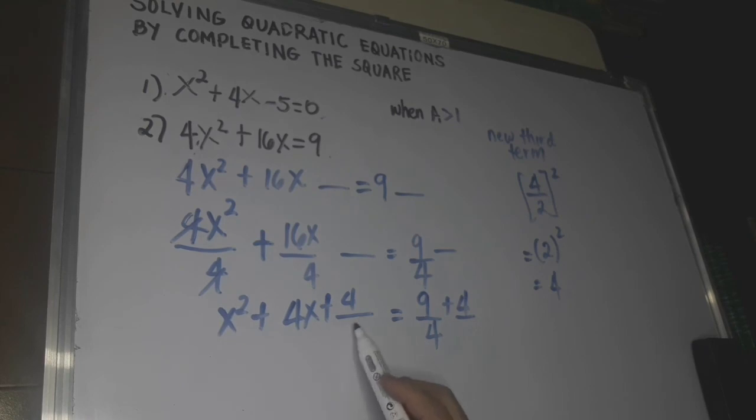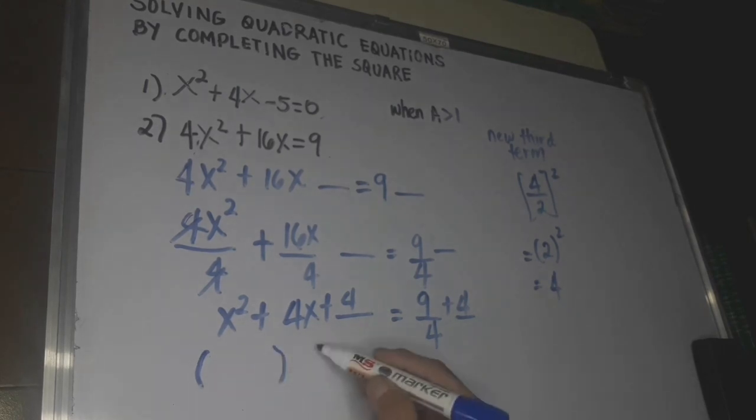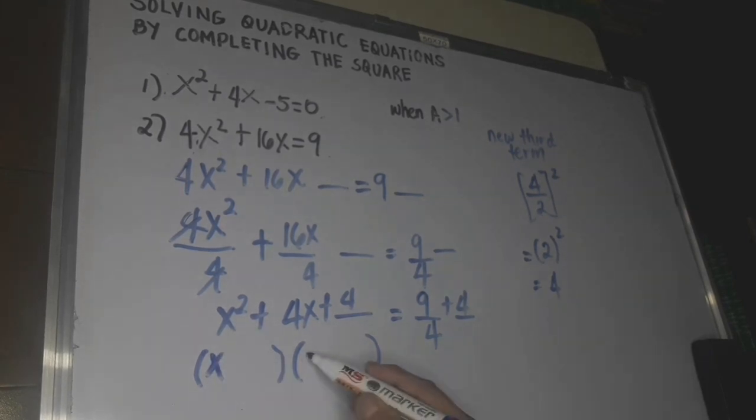Now, after writing the new third term, the left side of the equation becomes a perfect square quadratic trinomial. Since this is a perfect square quadratic trinomial, then it's easy to get the factors. Get the factors of the first term, x squared. So the factors are x and x.